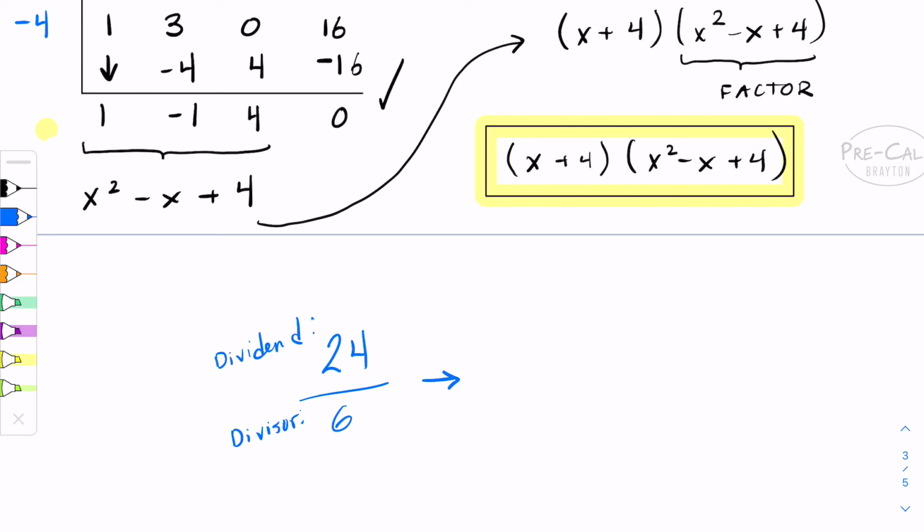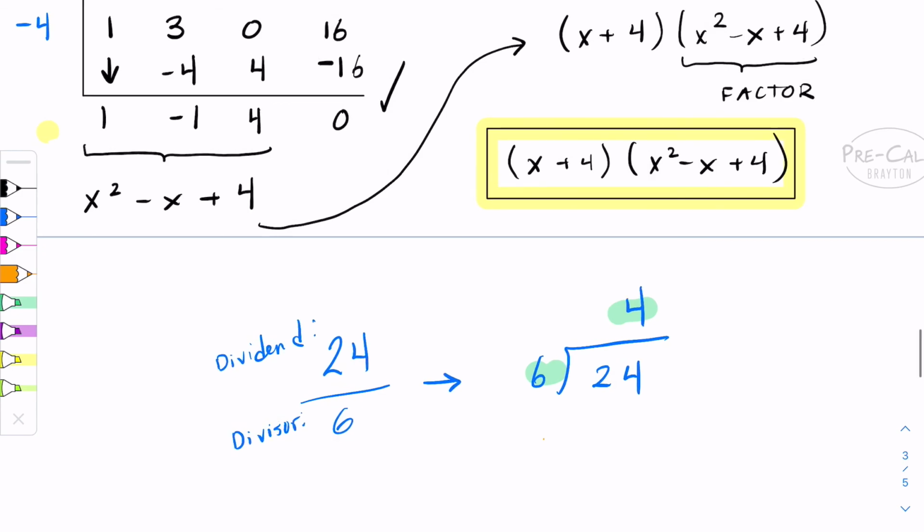We would write this as an expression in long division like that. Your answer is 4. 4 is your quotient. Now we have 6 times 4. 6 times 4 is 24. So our quotient and our divisor multiply together to equal the dividend.